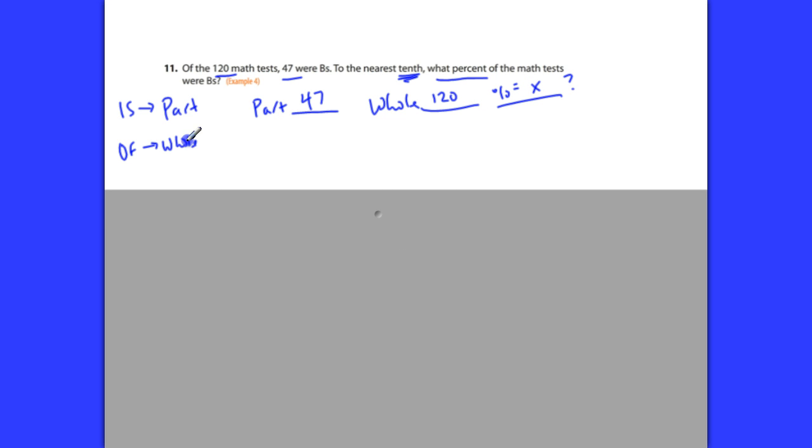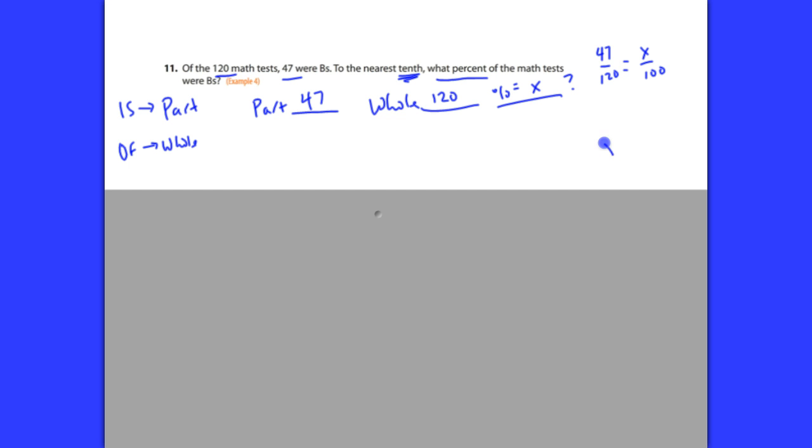So, is the part, of is the whole, is over of, so my proportion would be, I'll do it over here so I have a little more space, 47 over 120 is equal to x over 100. We crisscross, work that out. I'm just going to skip down to the answer to save you some time. Please work that out.